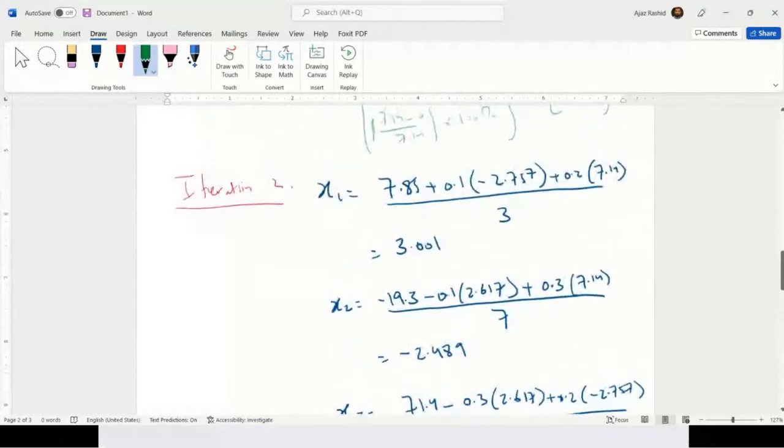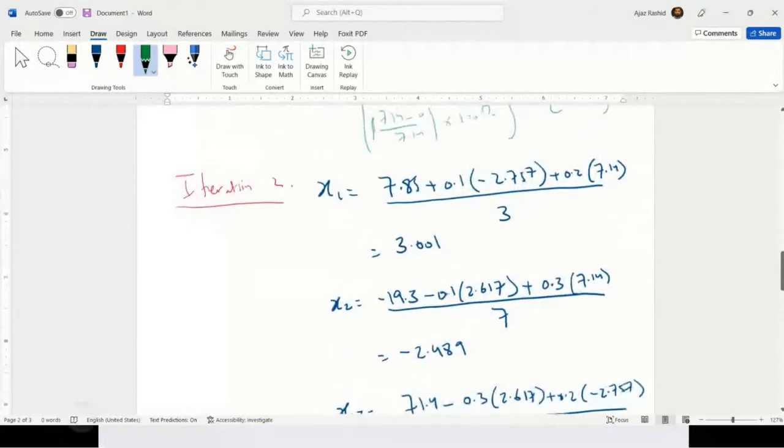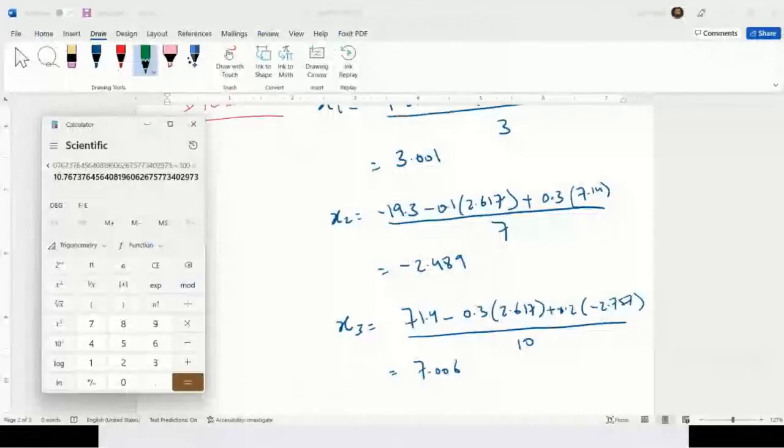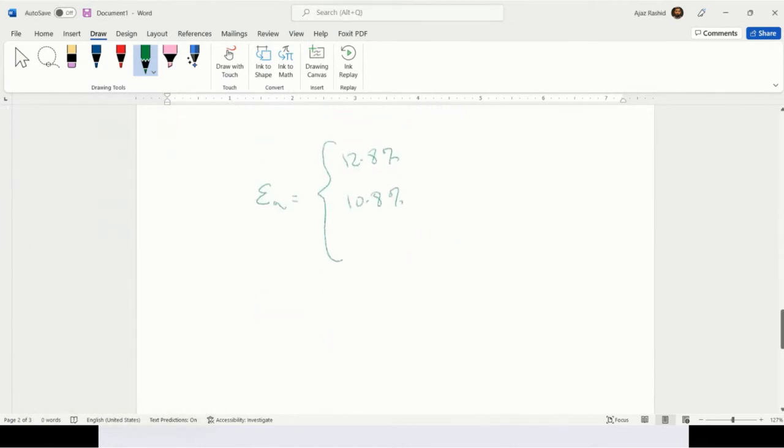And then I have 7.14 and 7.006. So 7.006 minus 7.14 divided by 7.006 into 100. So 1.9%. Of course, ignore the minus sign.